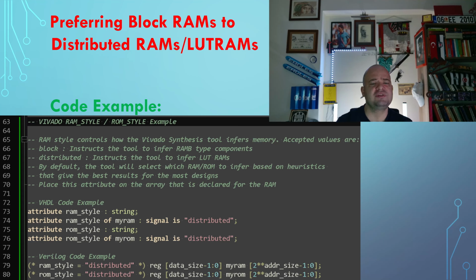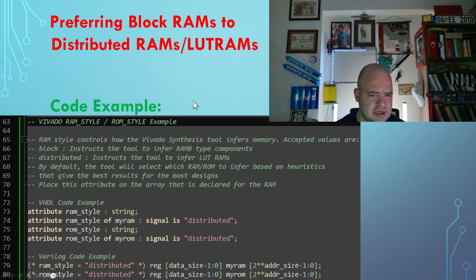By default, the tool will select which reads random access, just a second, reads random access memory. What was the ROM? Read-only memory. ROM was read-only memory. RAM is random. Am I remembering it wrong?